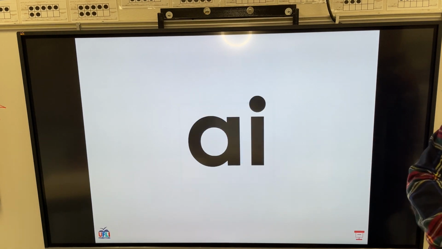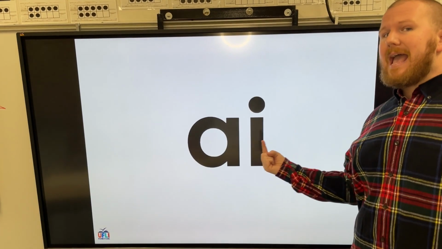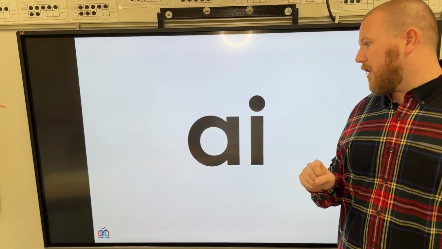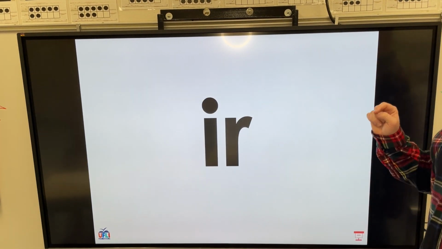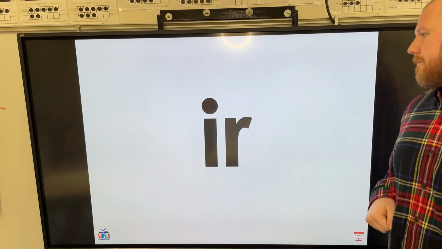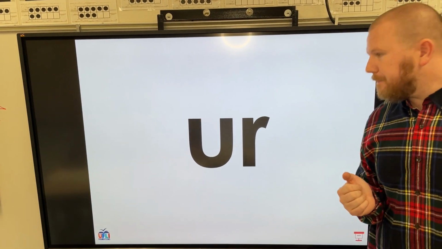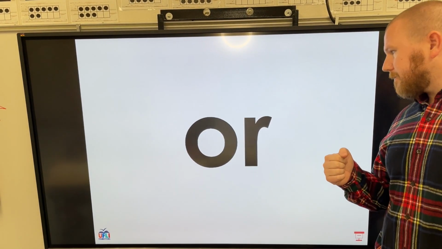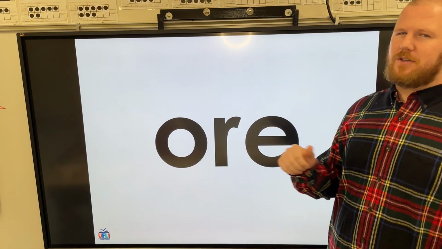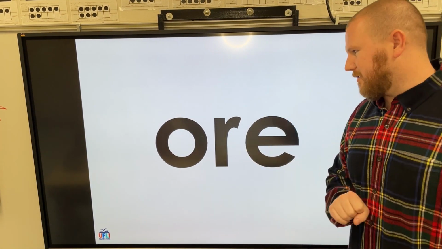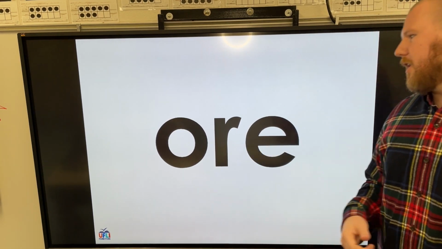So first one is A. This is a long A sound. What about this one? Also A. Good. Tried to trick you. Or it can say if there's a W at the beginning, but that's a whole other UFLI lesson. So good.